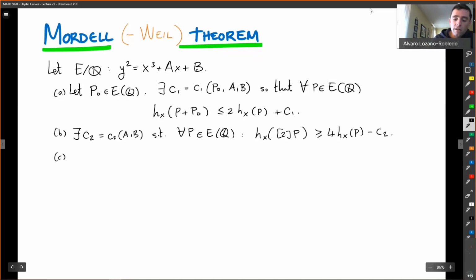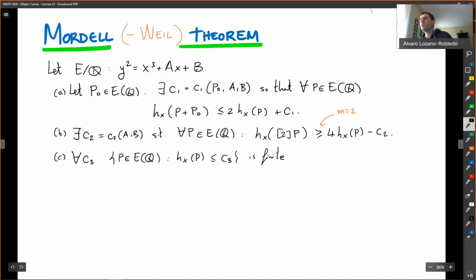This is the second property, specializing to M equals 2 here, okay? And C: for all constants C3, the set of points of bounded height is finite.